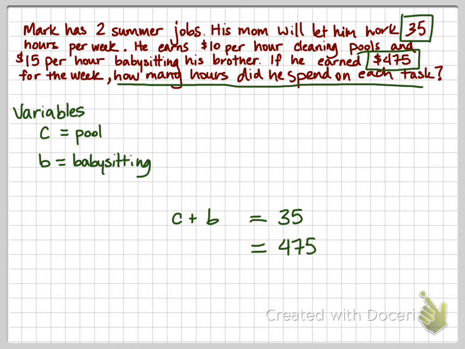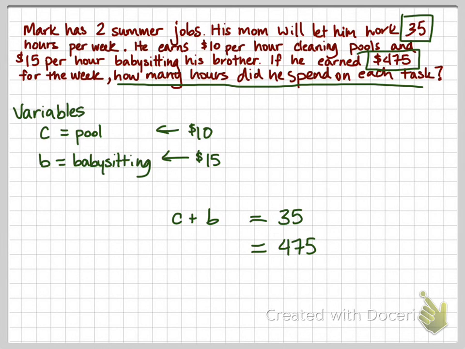That's equation 1. The other one, what we know is that for cleaning the pool, he gets $10 an hour. For babysitting, he gets $15 per hour. So if he worked 10 hours babysitting, then he gets 10 times 15, so he would get 150. Those prices are going to be used with our variables to determine how much he made.